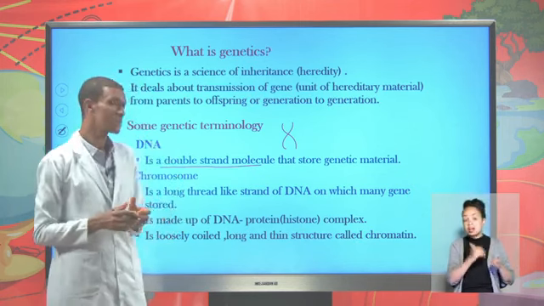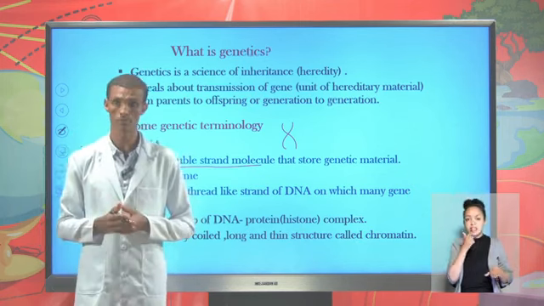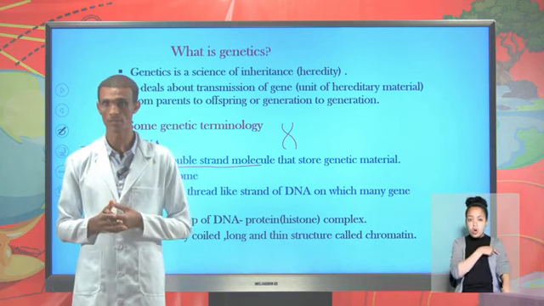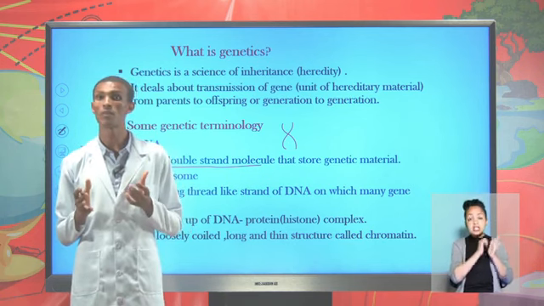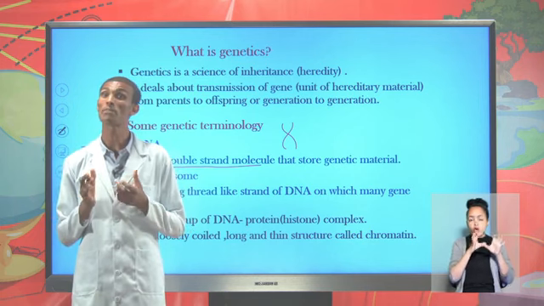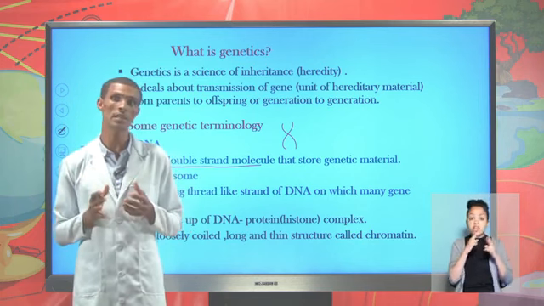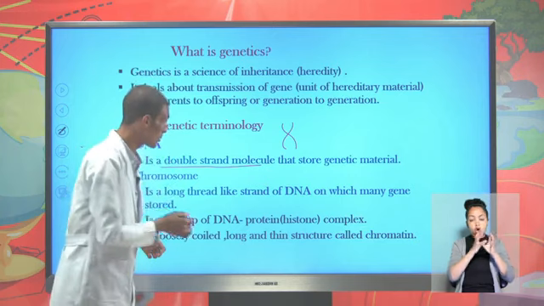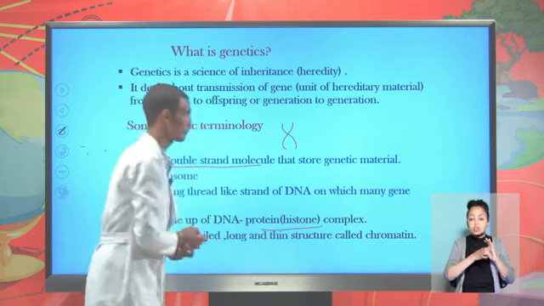And then there is the chromosome. A chromosome is a long thread-like structure that is made from a DNA-protein complex. A special protein that is very important in composing the chromosome is histone protein.